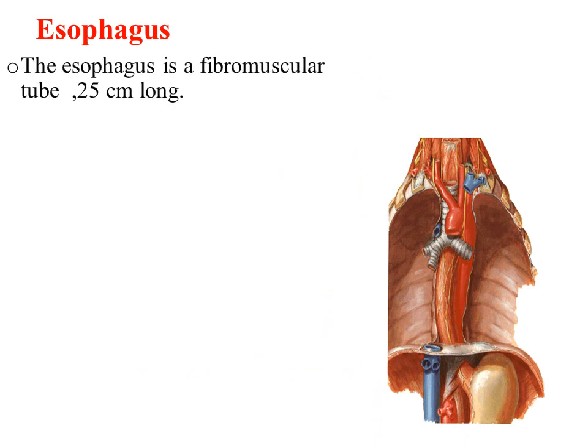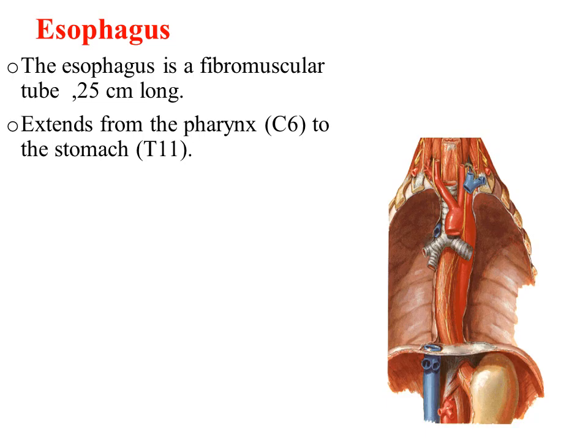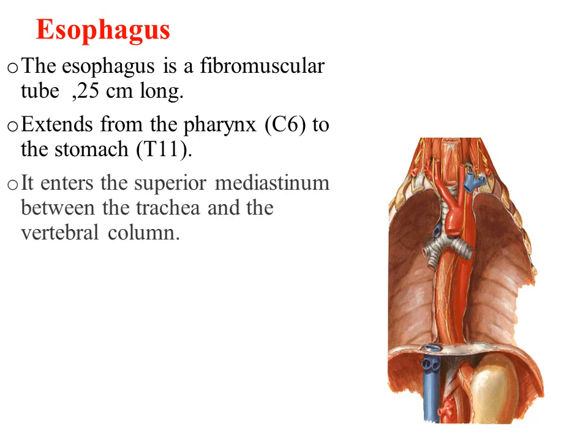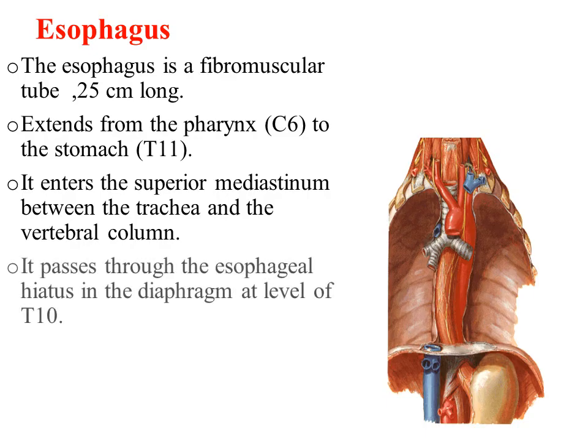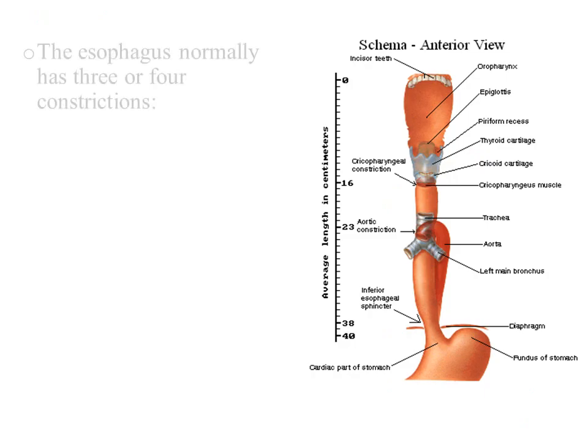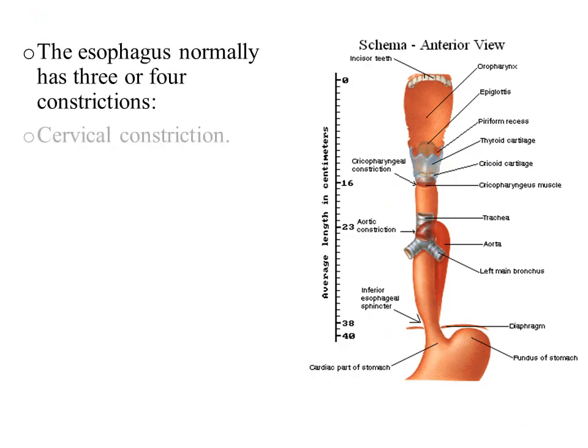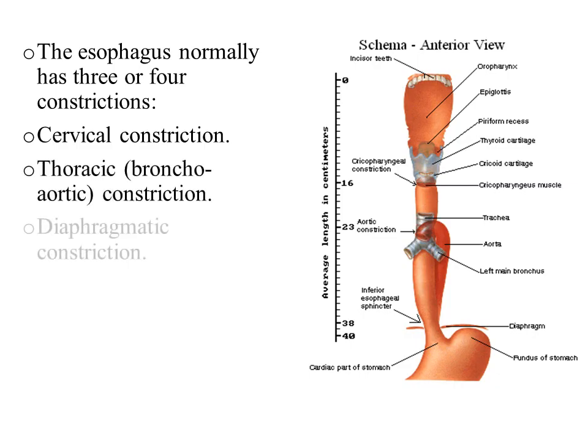The esophagus is a fibromuscular tube, as we said, 25 centimeters long, extending from the pharynx to the stomach at the level of T11, and it enters the superior mediastinum between the trachea and the vertebral column. It passes through the esophageal hiatus of the diaphragm at the level of T10. It has three constrictors: the cervical constrictor, the thoracic constrictor, and the diaphragmatic constrictor.